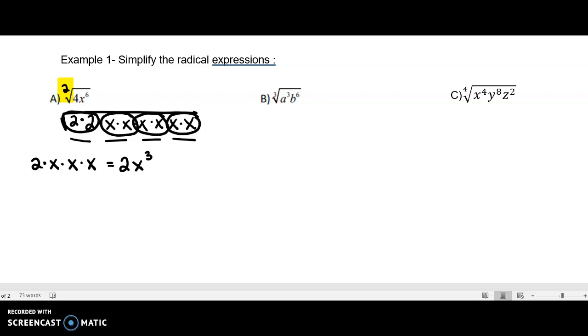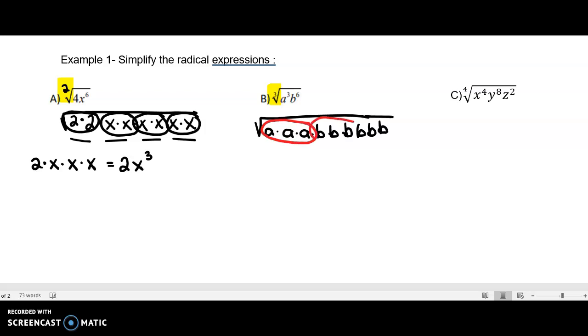Okay, on B, my index is 3, which means I'm going to be taking out groups of 3. So if I was going to rewrite B, that means I have 3 a's and 6 b's. 2, 3, 4, 5, 6. Okay, so let's circle our groups of 3.